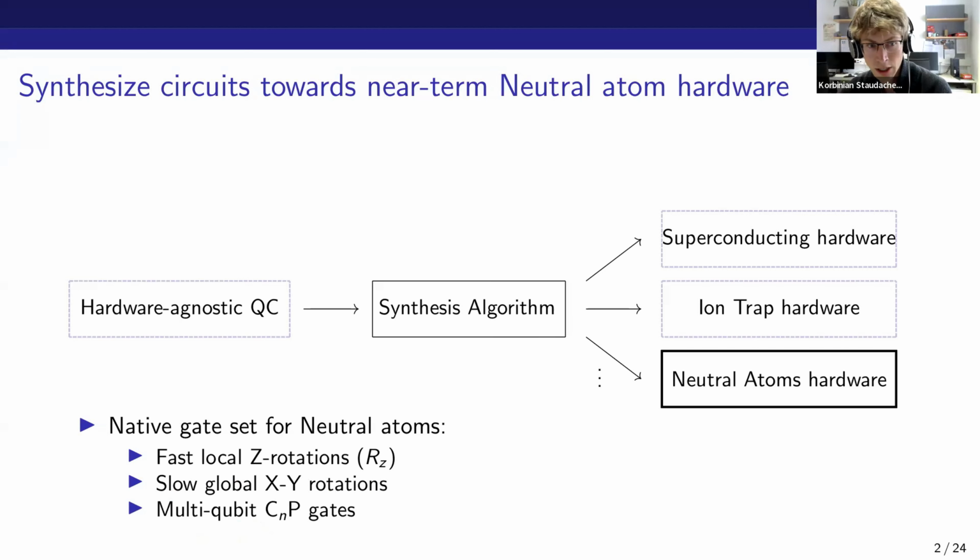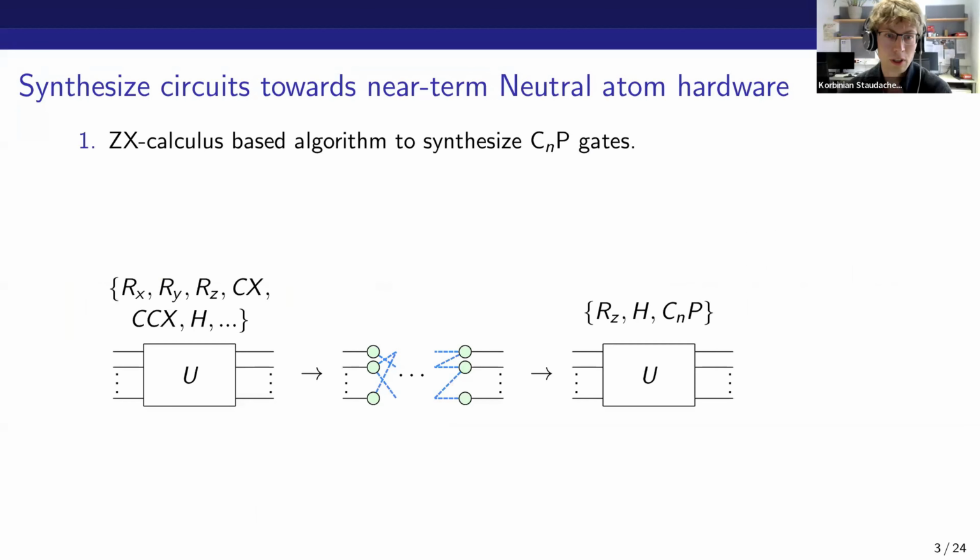So not only CNOT and CZ on 2 qubits, but on more than 2 qubits natively. And so this work will be mostly dealing with the third aspect, that we have this opportunity to have multi-controlled phase gates.